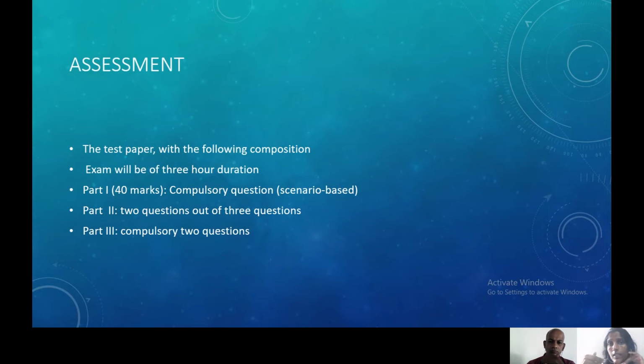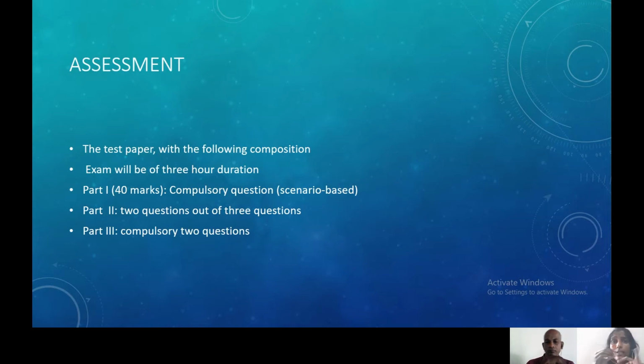Now you are at the strategic level, so you have to think like a top manager. In order to answer the questions, you have to think like a top manager. Top managers won't do operational level things, the day-to-day things. You have to make decisions. If you feel something is not going according to the plan, then you have to think and tell what you can do, such as reviewing the plan.